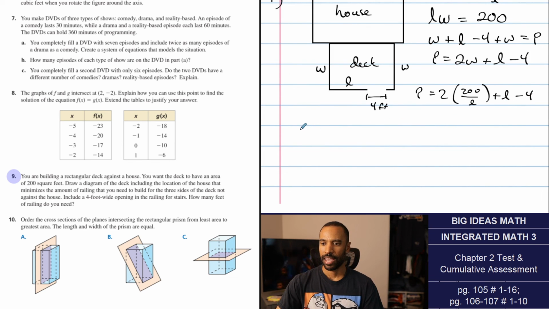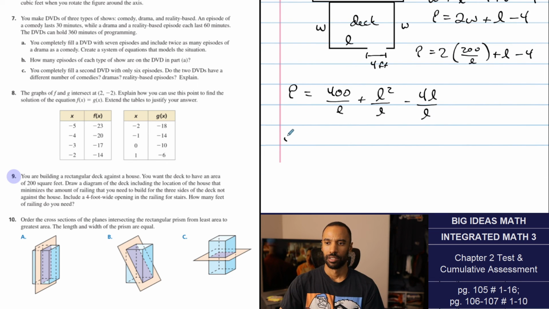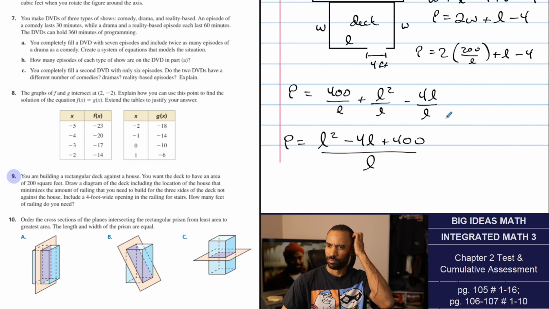If I get a common denominator, so that's 400 over L, I can call this L squared over L and minus 4L over L. So perimeter is now, I'm just thinking this out loud, L squared minus 4L plus 400, all over L.